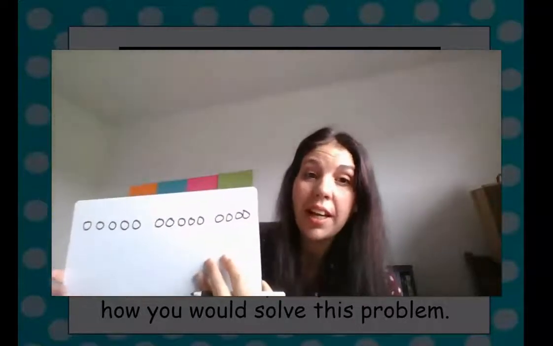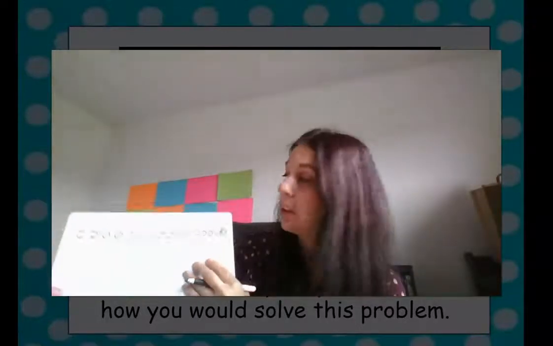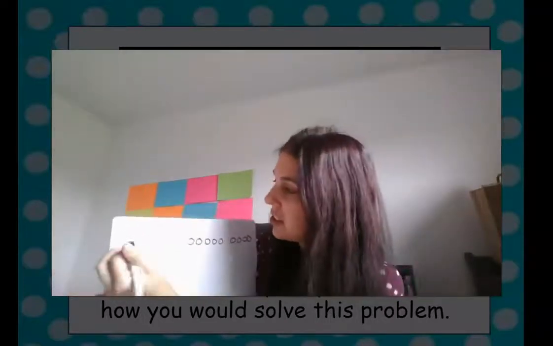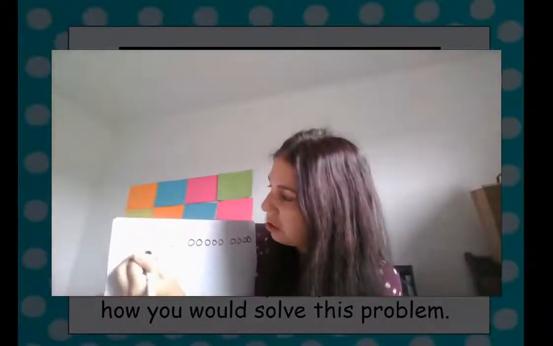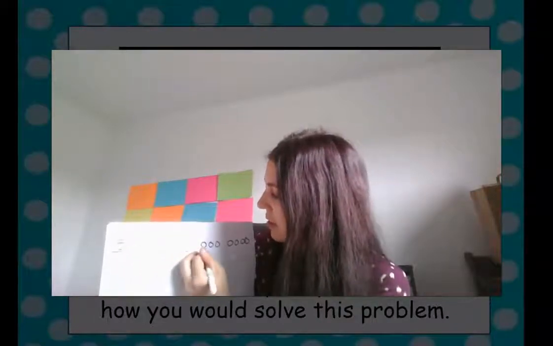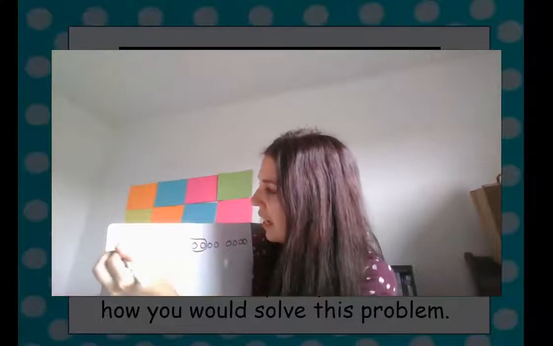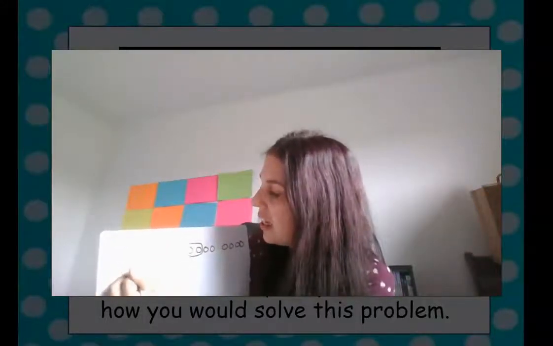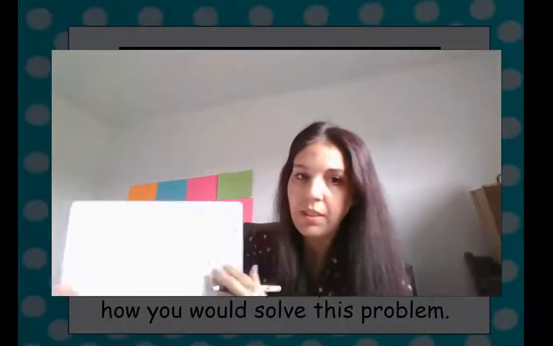Now 8 crayons are on the table. So I'm going to circle 8 crayons. Let's see. 1, 2, 3, 4, 5, 6, 7, 8. I'm going to circle 8 crayons, and I'm going to label these ones are on the table. All right?